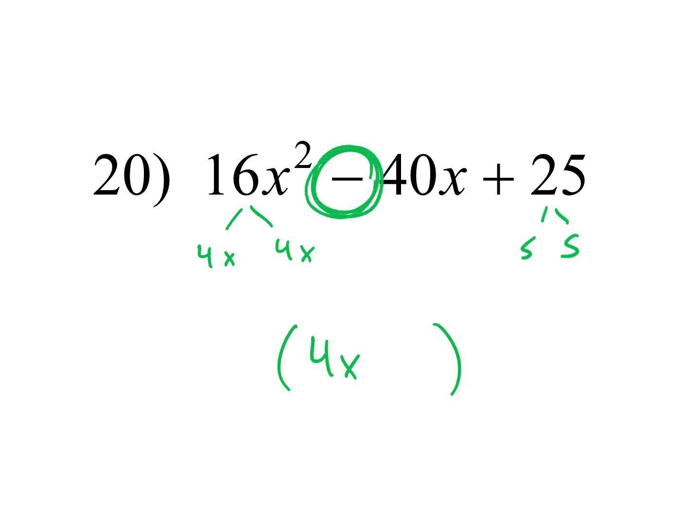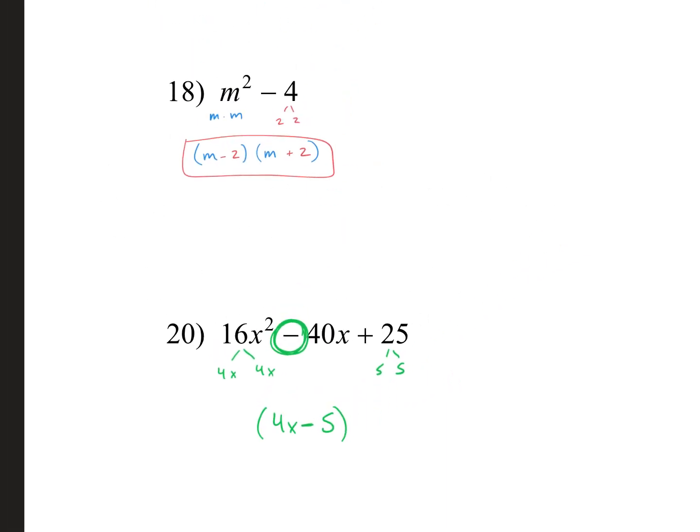If I have a minus in the question, it's got to have a minus in the answer. So 4x minus 5, 4x plus 5. So you only do it twice when you have 2 terms. When it's 3, it gets the squared. So just remember, when it's 3 terms, it gets the squared.